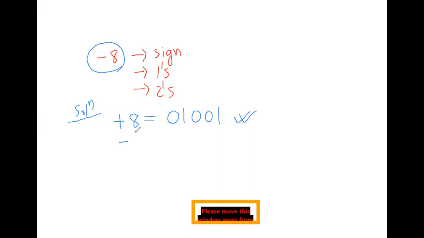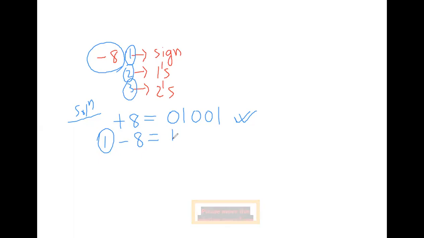This is the first case, this is the second case, this is the third case. In the first case, -8 means you just have to change the MSB bit to 1 because it is negative. The remaining magnitude should be the same. What is the magnitude? 1 0 0 1. Understood, right?